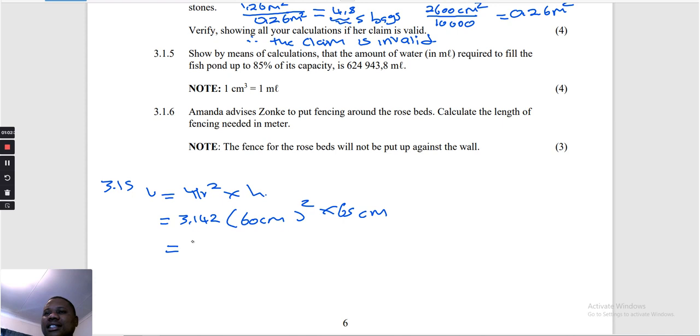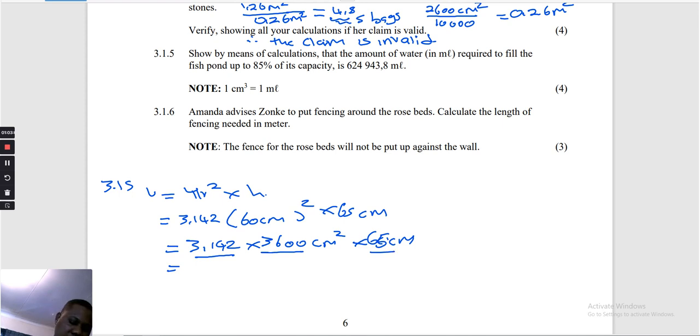So we're going to have 3.142 multiplied by 60 to the power 2, that is 3,600 centimeters squared, multiplied by 65 centimeters. So if we punch in 3.142 multiplied by 3,600 multiplied by 65.